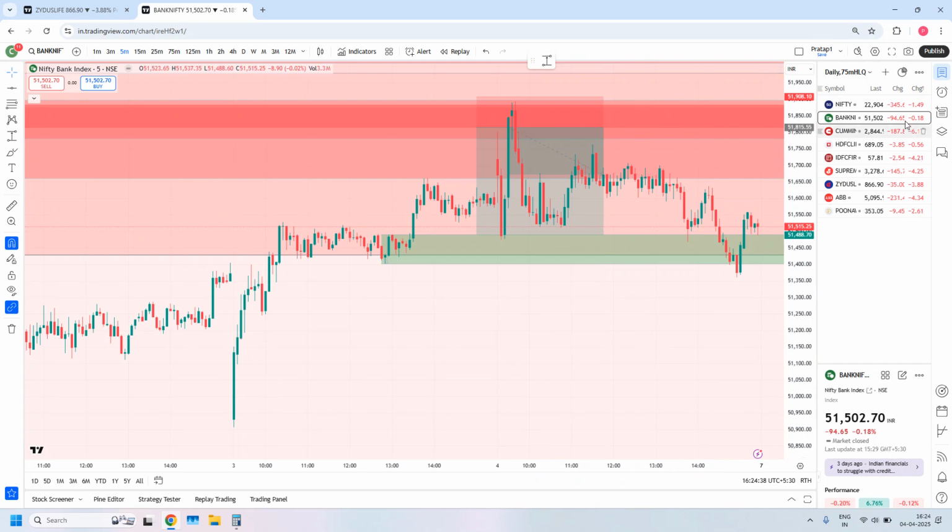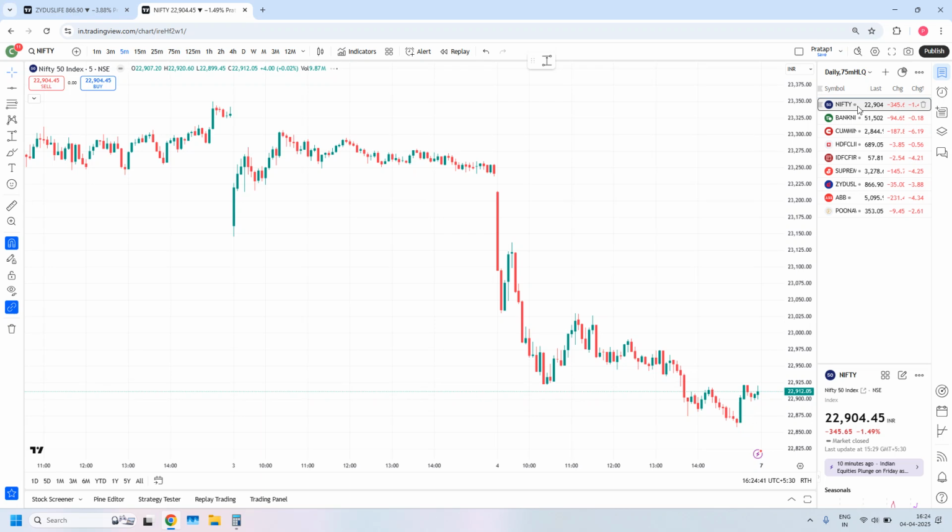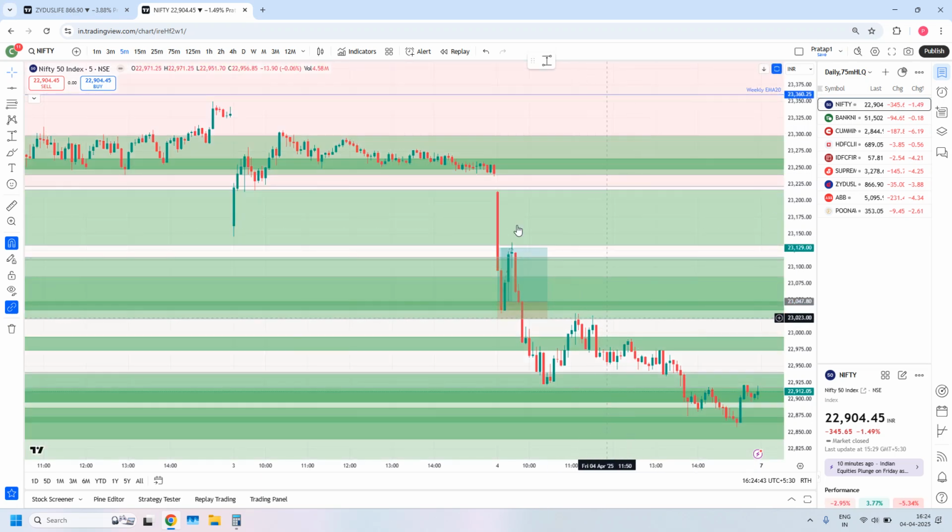And similarly, look into Nifty. Nifty also gave you an opportunity today, trade opportunity. Nifty, 2 weeks back we analyzed. Nifty is also part of lesson 29, we analyzed this Nifty.